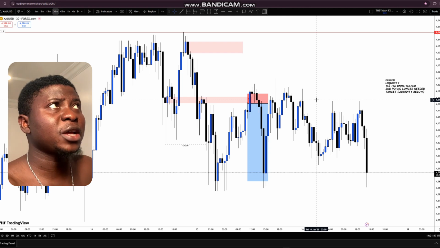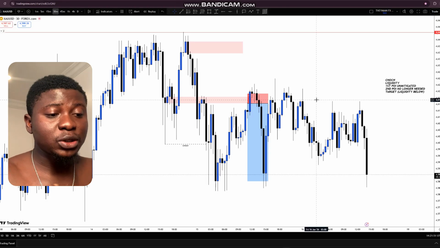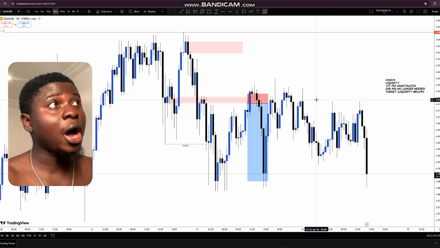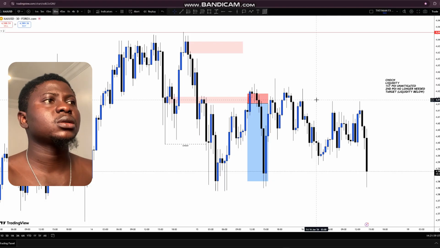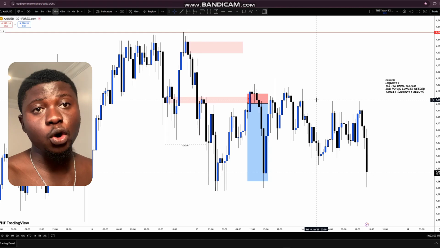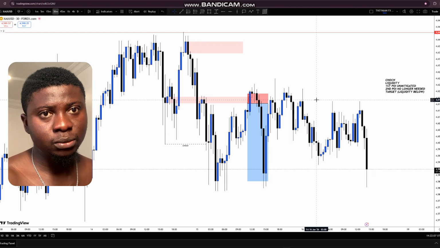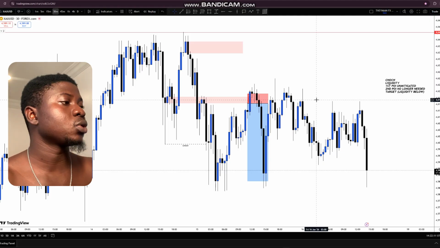Now for this refinement, my own particular rule while trading is this: because I've seen how gold usually moves, I've studied gold, my own refinement is to always use 100 pips no matter what for my SL. I must use 100 pips for my SL no matter what.